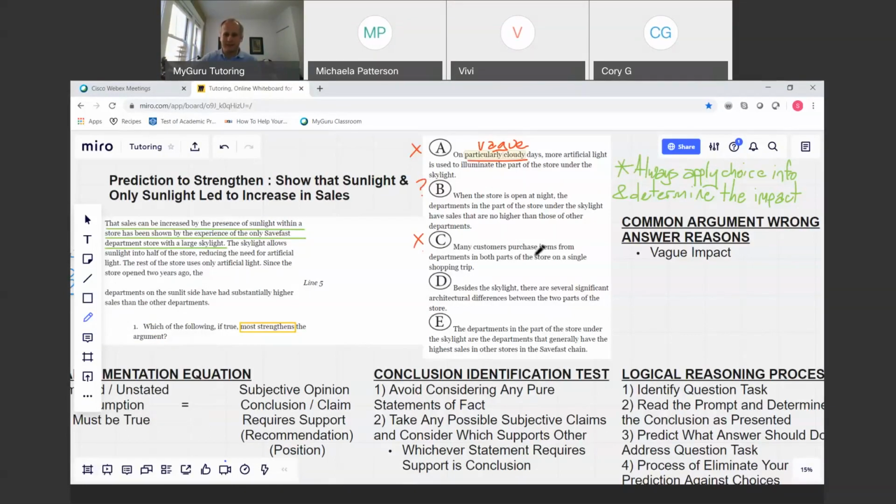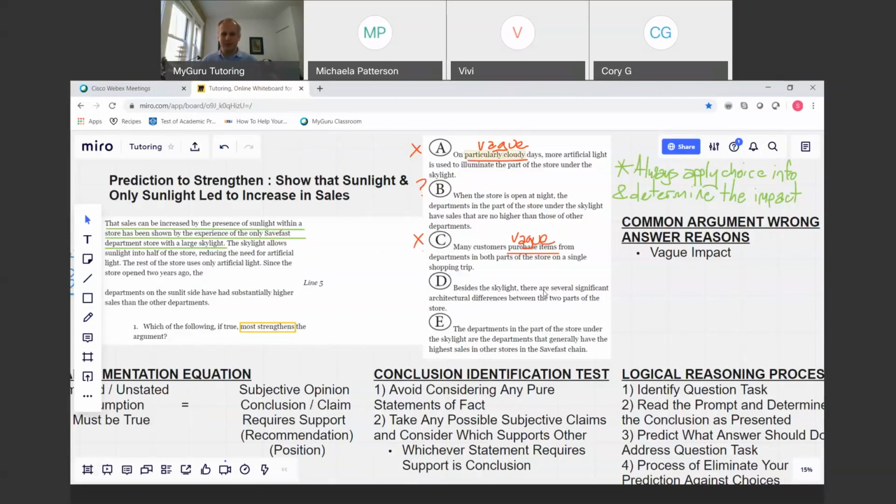And again, we could say purchase items. You're like, well, I don't know if that's more with the sunlight or not. So I could call this vague again. So then we've got to consider this choice D. Besides the skylight, there are several significant architectural differences between the two parts of the store.